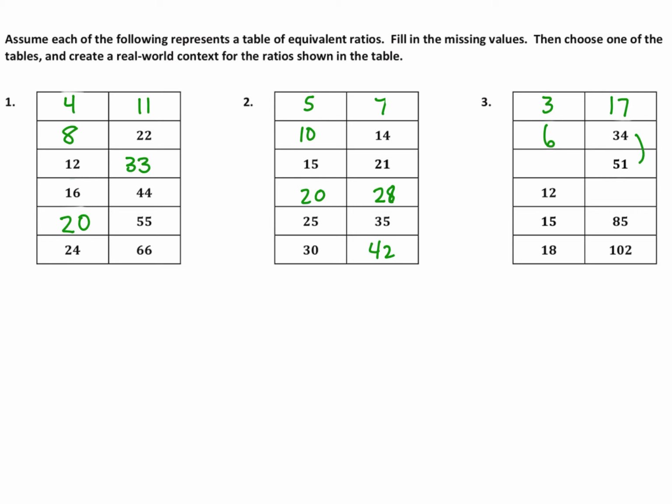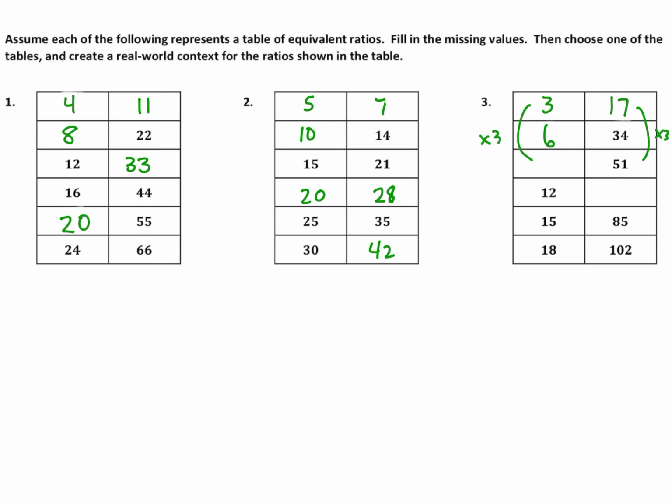Here, from 34 to 51, maybe there's a 17 in there. 4 plus 7 is 11. 3 plus 1 is 5. So yeah, there's a 17 there. So that must be 17 times 3.